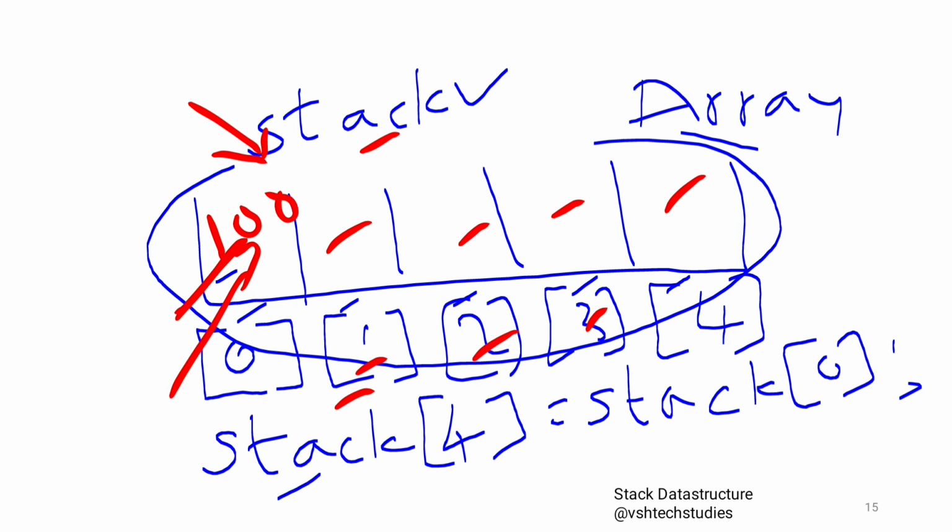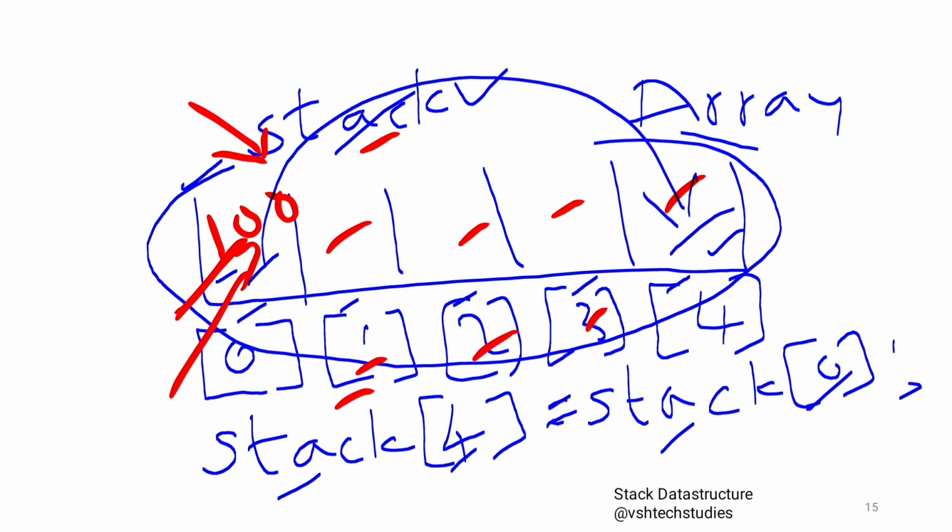It goes to the stack array, that memory location at index 4, and assigns which value? It goes again to the stack array. In the 0 indexed memory location, what is there? That is 100. So equal to, assign, means this 100 will be copied into this location. So this is how an array can be created by a name and having some size, and then each location can be accessed by its name and index. That is what the array data structure is all about.